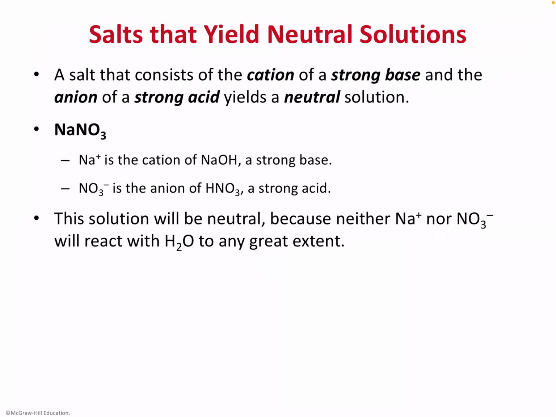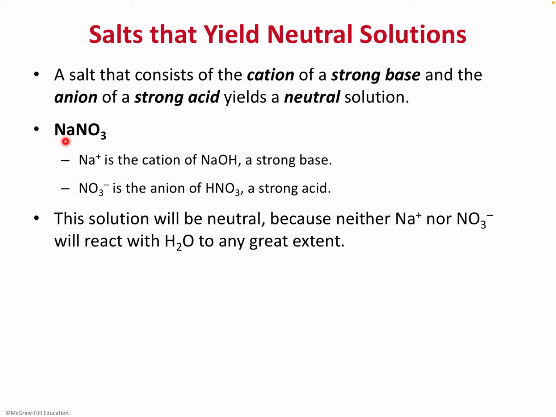Now, earlier we talked about sodium acetate, which gave us a basic solution. Now let's see what are the salts that yield neutral solutions. A salt that consists of the cation of a strong base and the anion of a strong acid yields a neutral solution. So for example, sodium nitrate.